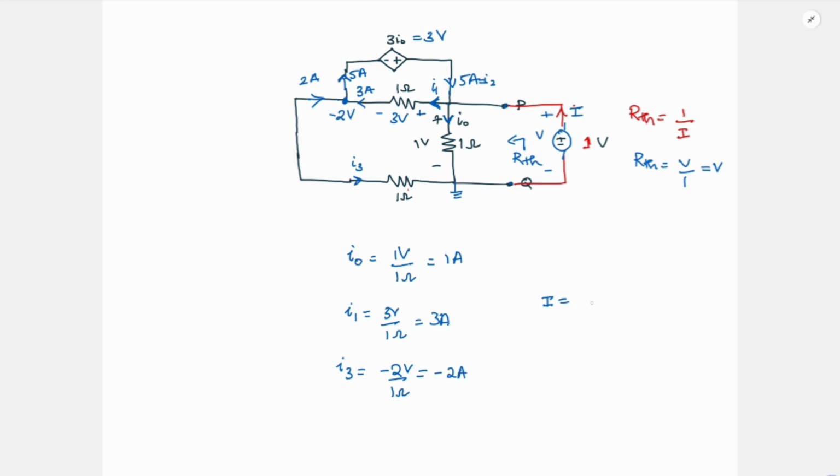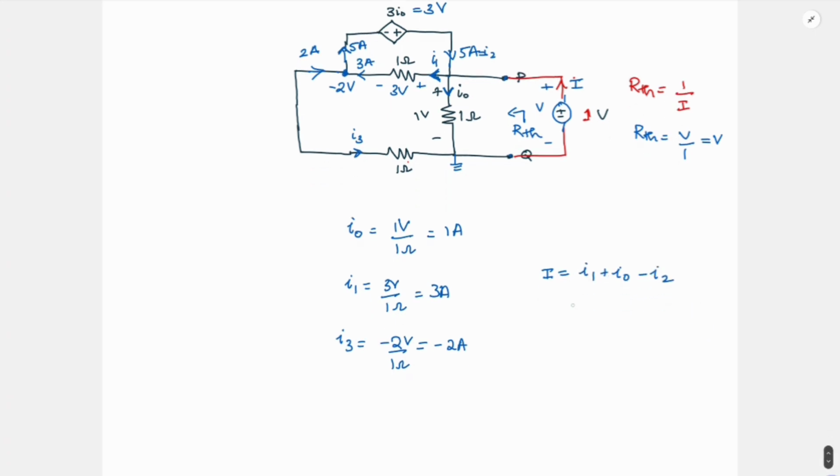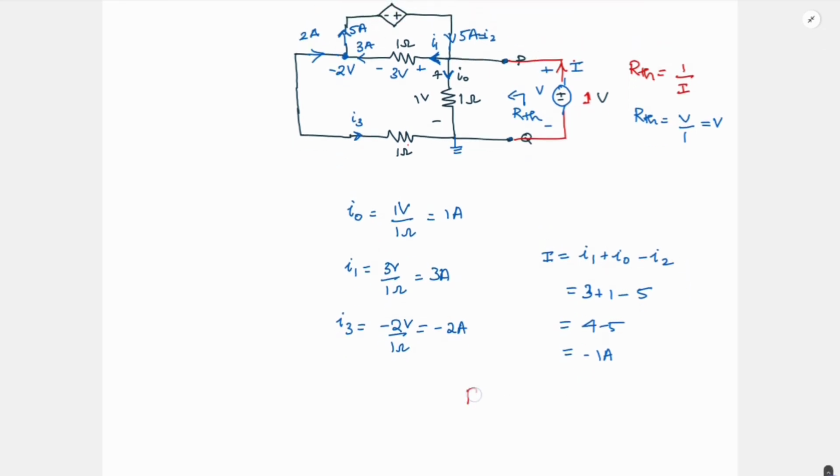Your I is nothing but I1 plus I0 minus I2, right? So it is 3 plus 1 minus 5. So it is 4 minus 5, which is minus 1 ampere. So effectively 1 ampere is flowing into the voltage source, which means that our RTH is going to be negative. And what is the value of RTH? It is 1 by I, 1 by minus 1, which is minus 1 ohm.